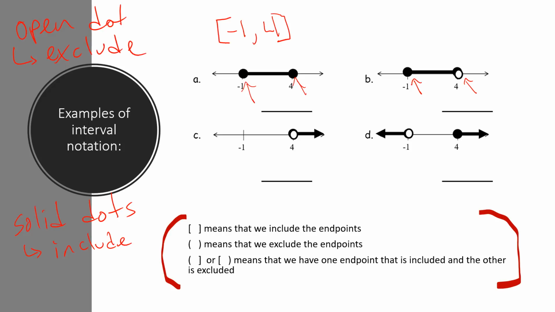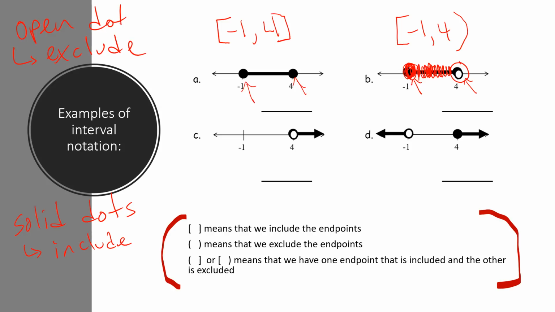So I'm going to start at negative 1, but since I'm including it, I use a square bracket. And I'm going to go all the way from negative 1 here, solid, and I want all the values between that and positive 4. But I don't include positive 4, so I use a parenthesis. That means you do not include the 4. So it's everything up to and almost touching 4, but never touches 4.